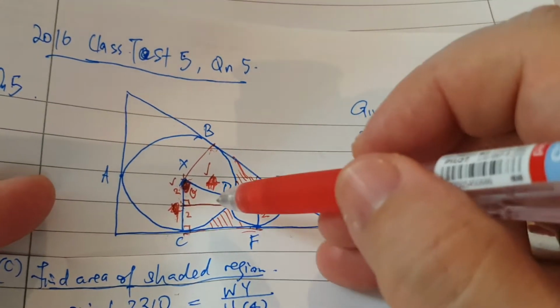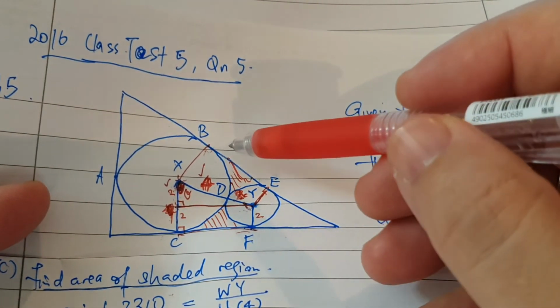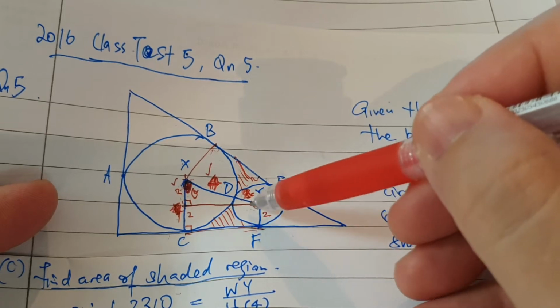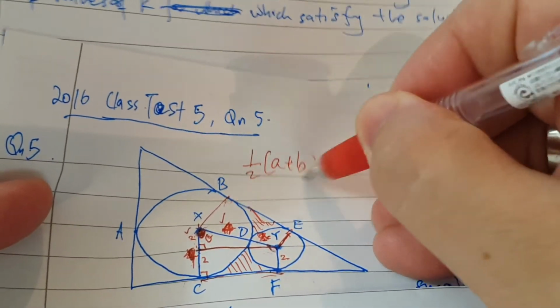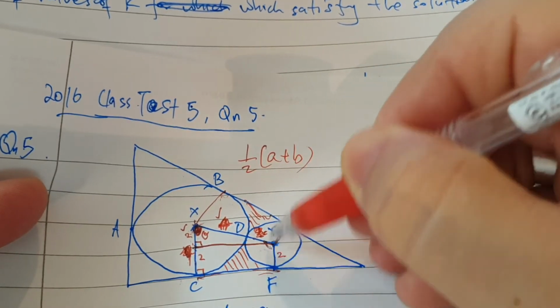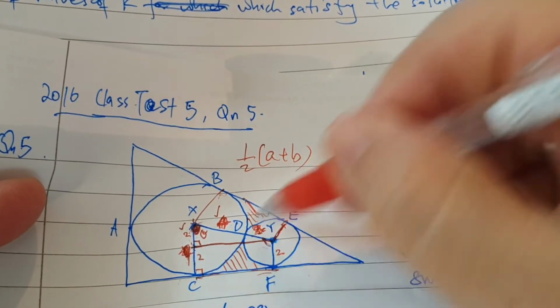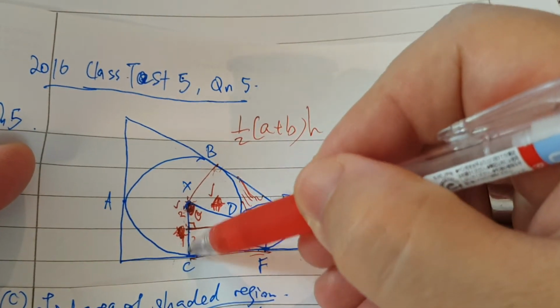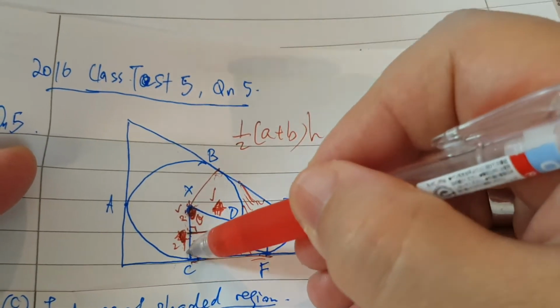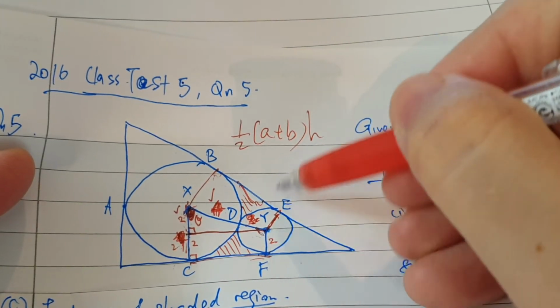Okay. Now, the only problem, you see, I know that the area of a trapezium is half the sum of the two parallel sides, meaning A plus B, then times the distance between them, we call H, right? Okay. I know this is 4, not a problem. This is 2, so I know all this already.